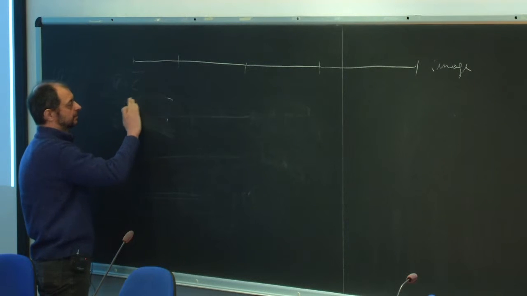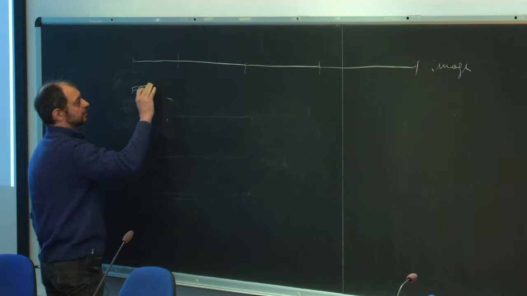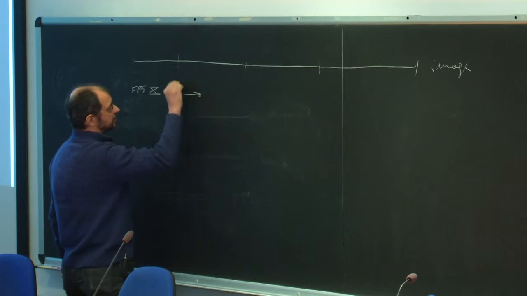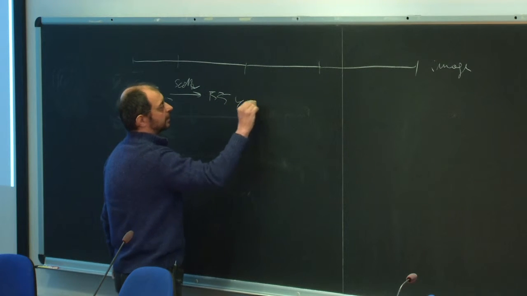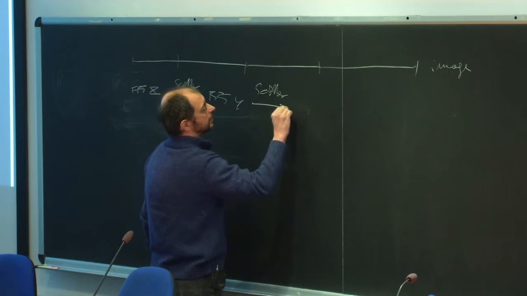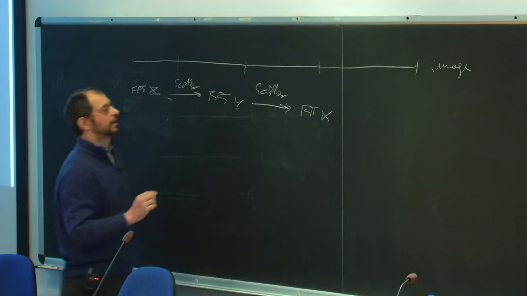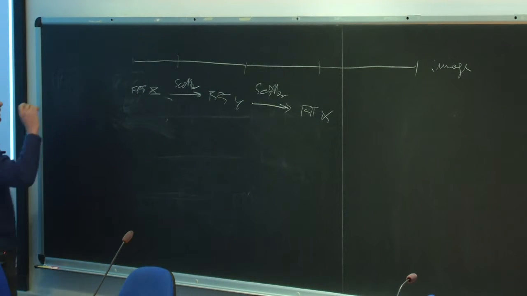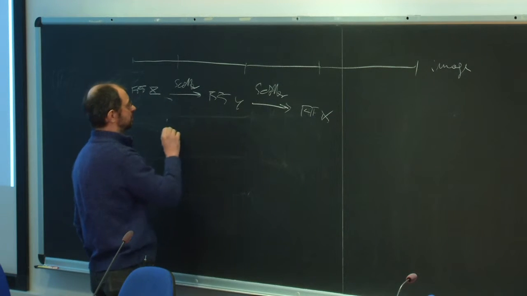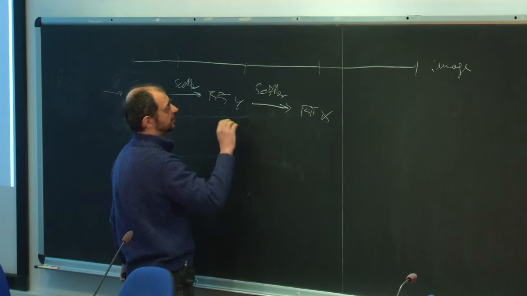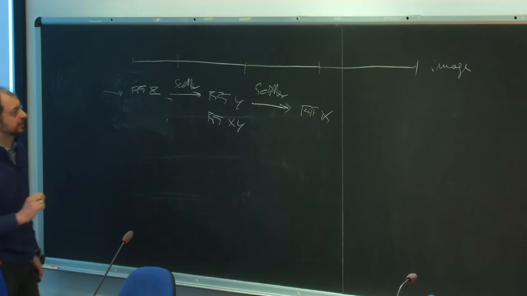Let's say we do the FFT along Z, then we scatter, then we do the FFT along Y, then we scatter again, and then we do the FFT along X. In the old scheme, we were doing an FFT along X and Y, and that was it.